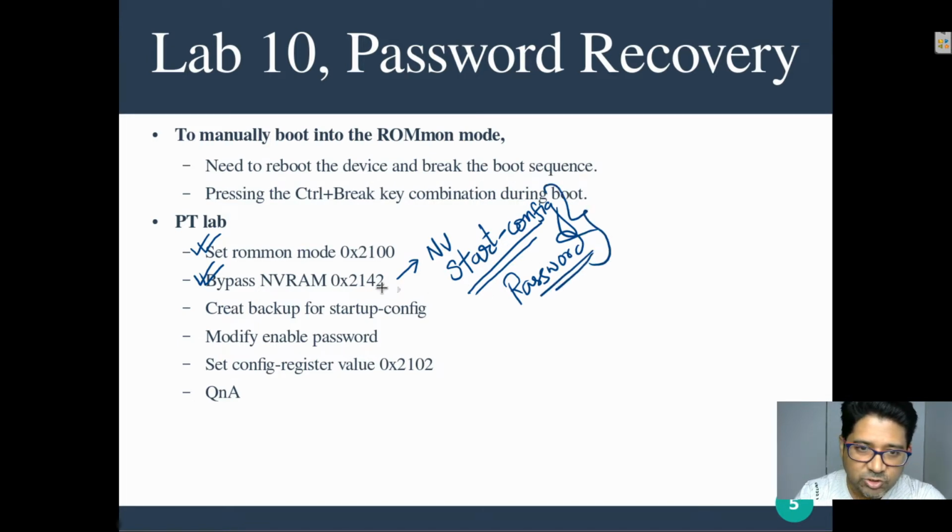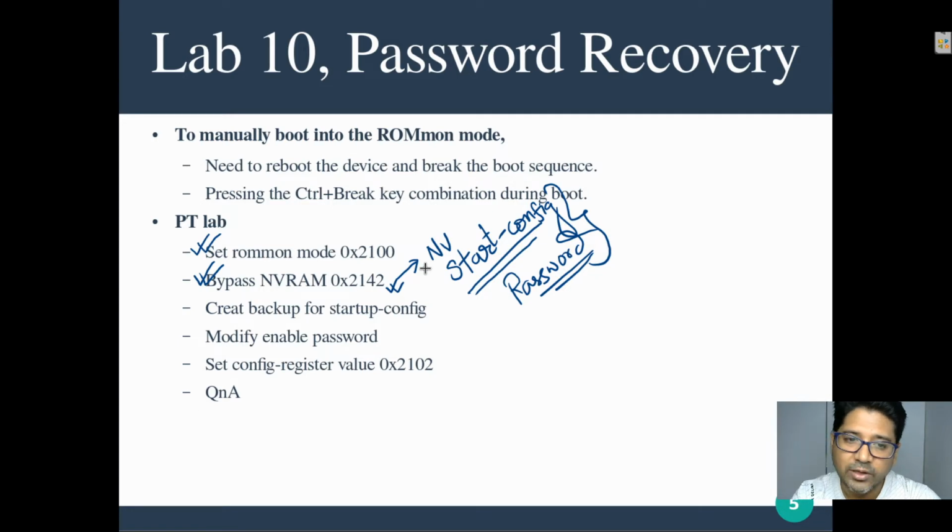We have register value 2142, which helps you bypass the startup configuration, and then there is a technical way to copy your startup configuration into flash. This is one method, or you can change only the password but don't do a write. If you do write, it will create an issue for you.